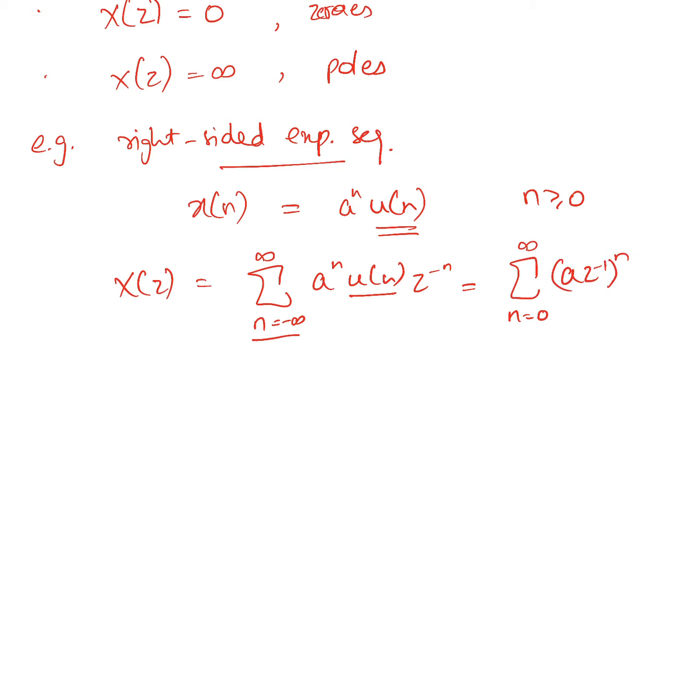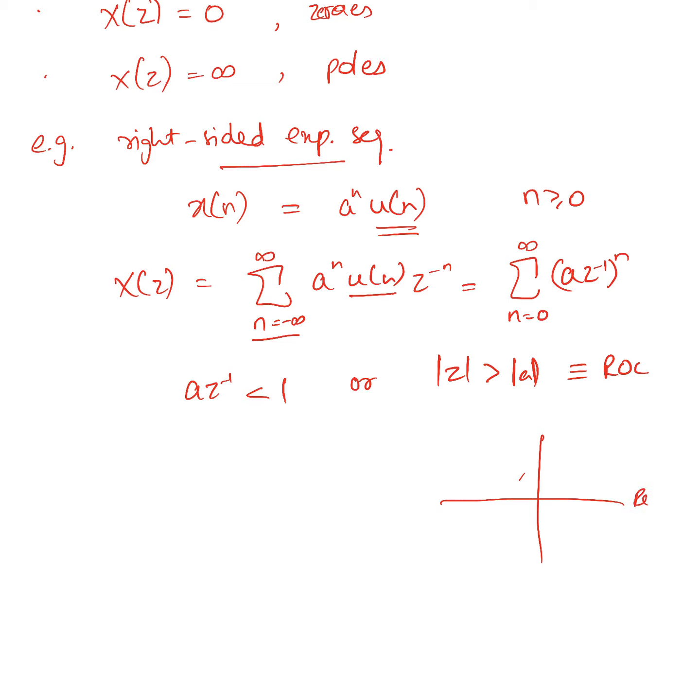Now for this to converge, we want that mod of a z inverse should be less than 1, or we say that mod of z is greater than mod of a, which is the region of convergence, and in the complex plane it is basically some circle.